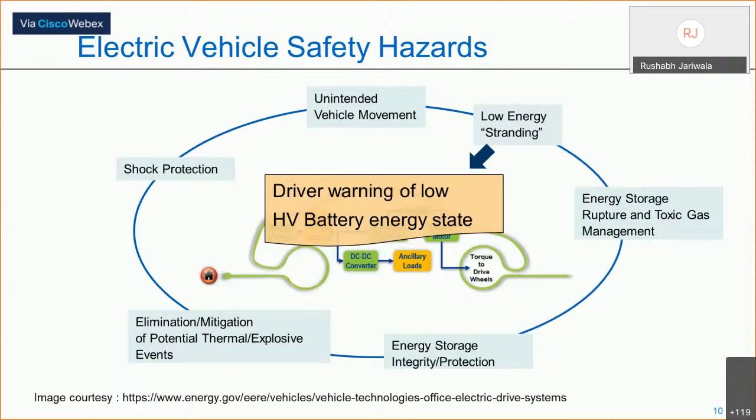There are some OEMs who have done this: based on the driver's destination, they predict upfront from the road conditions and the terrain of the road whether the SOC, state of charge remaining, will be enough to reach the destination, and if it is going to create a problem, they inform the driver upfront.